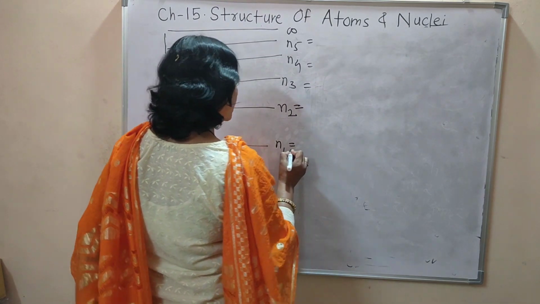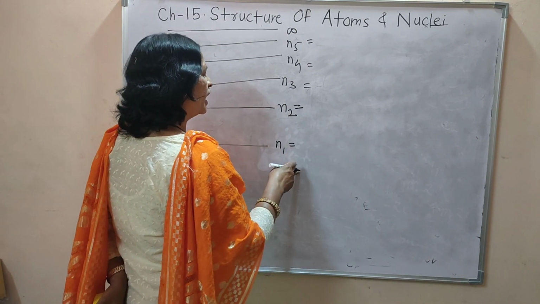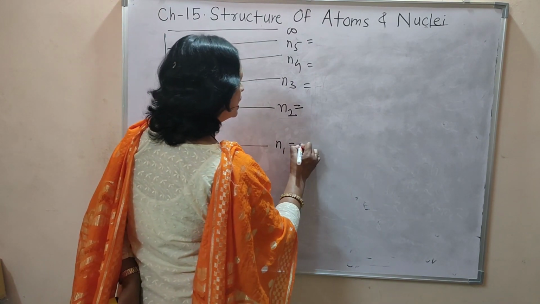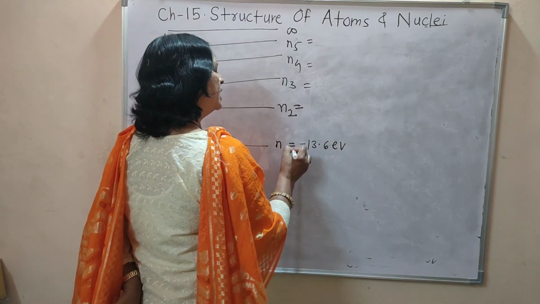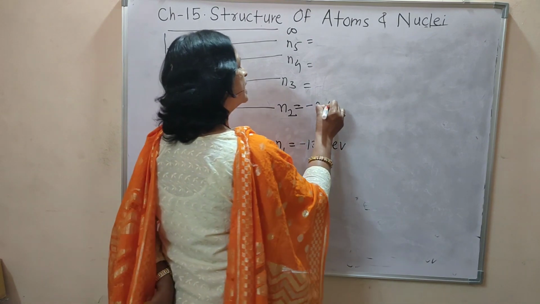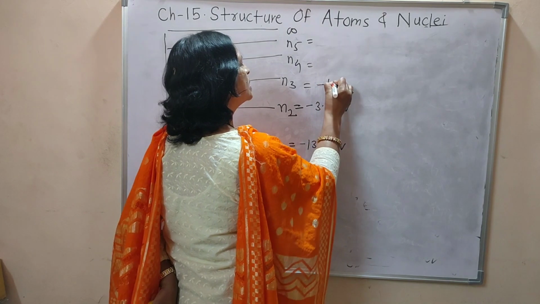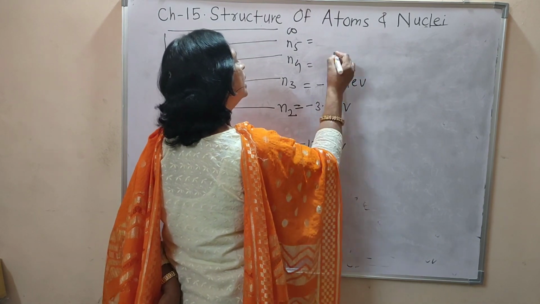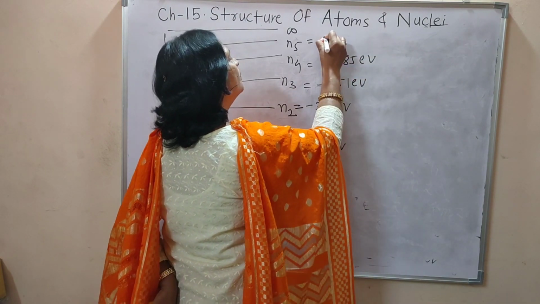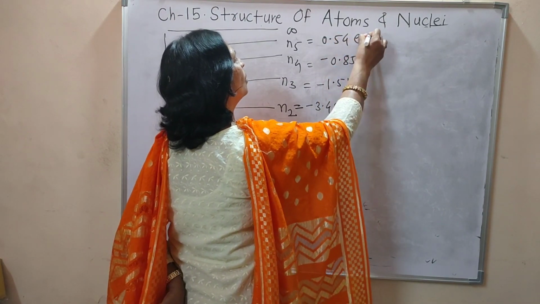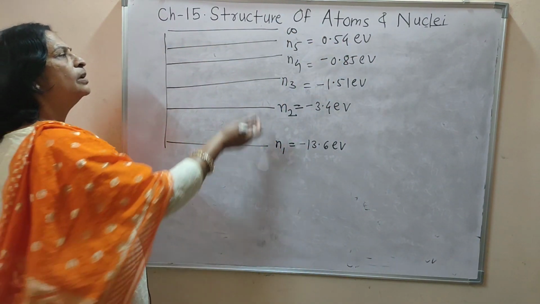Now we know that the ground state energy of an electron revolving around the nucleus in the first orbit is minus 13.6 electron volt. In the second state, this value is minus 3.4 electron volt. In the third state, its value is minus 1.51 electron volt. In the fourth state, it is minus 0.85 electron volt. In the fifth state, it is minus 0.54 electron volt. In the sixth state, it is minus 0.38 electron volt, and infinity.